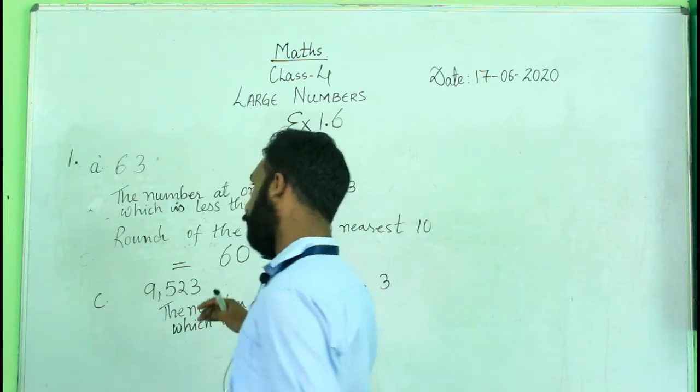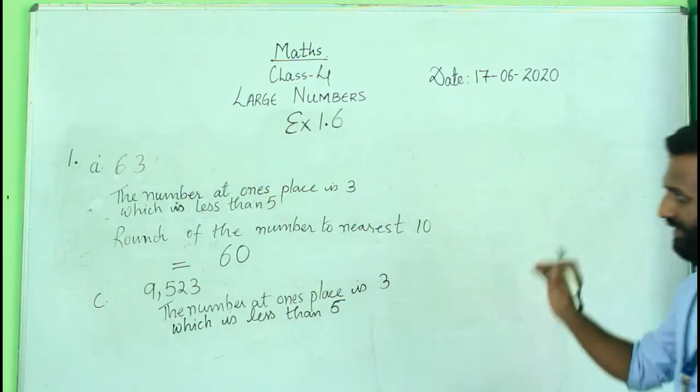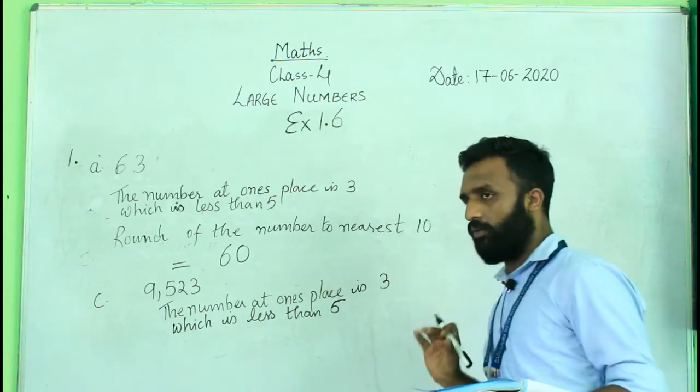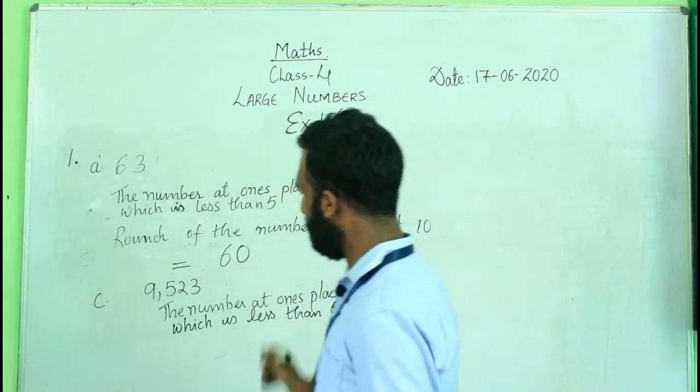So as I told you, if it is less than 5, we'll change the digit to 0 at the ones place and keep the number at the tens place as it is.